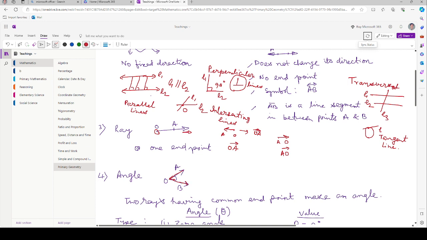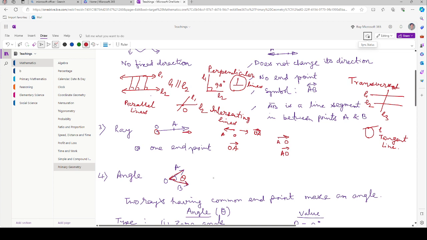Therefore, when two rays having common endpoint make an angle, say this is theta, angle theta.